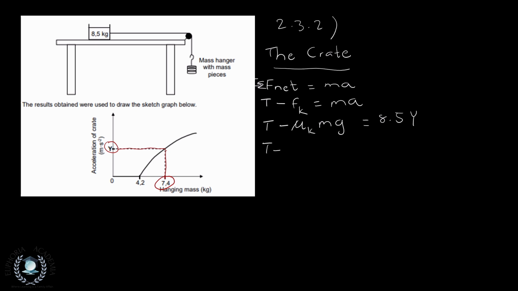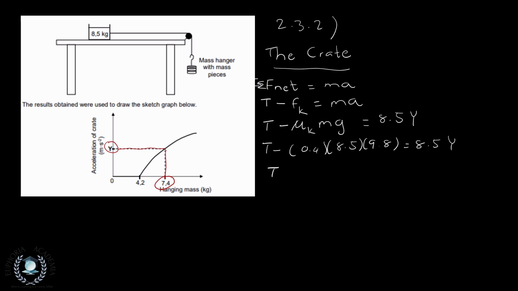Let us do some further substitutions. Our mu k is equal to 0.4, our mass is still 8.5, gravity still 9.8, and that is equal to 8.5y. Now let us do some simplifications.